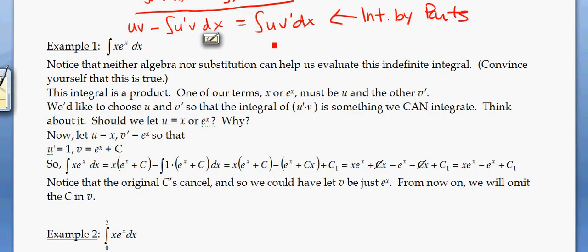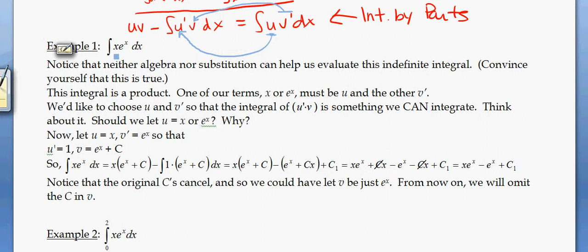And notice that when I use my parts formula, if I choose one of them to be u, the derivative is going to be there. And when I choose the other term to be my v prime, the antiderivative v is going to be there. So I'm changing my product to the derivative of one of the terms times the antiderivative of the other term.